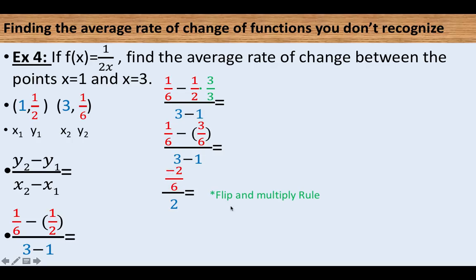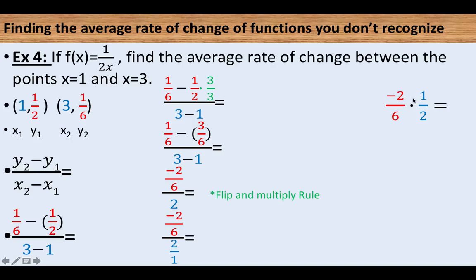All right, I put a little note here. When I have a fraction divided by another fraction, put the 2 over 1. You're going to use the flip and multiply rule that we learned before. Put the 2 over 1, which is what I did. The flip and multiply rule is to take the bottom fraction, flip, and multiply across. That's right here.